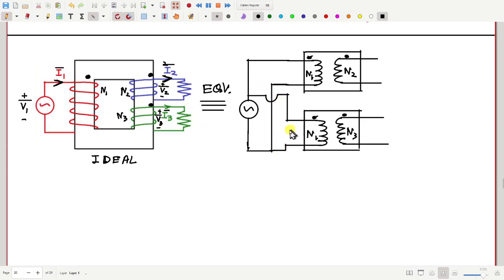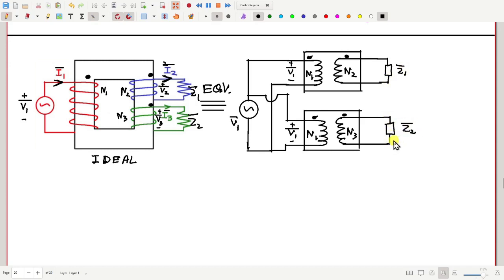If this is V1, I have V1 here, plus minus, here also V1, plus minus, correct, is my diagram. And then here I connect R1 and R2, or whatever it may be in general, Z1 and Z2. I put Z1 here and Z2 here.